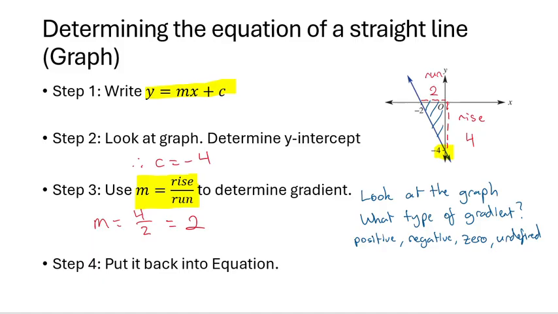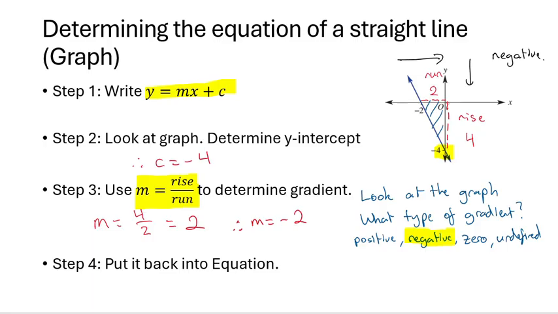So you got to pick. Looking at my graph here, I can see that it is a negative type of gradient because as the graph is going from left to right, I can see that my y values are going down. So that's why it's a negative gradient, okay? So I'll just draw that again. That just means negative. So m doesn't just equal 2, it means m equals -2, okay?